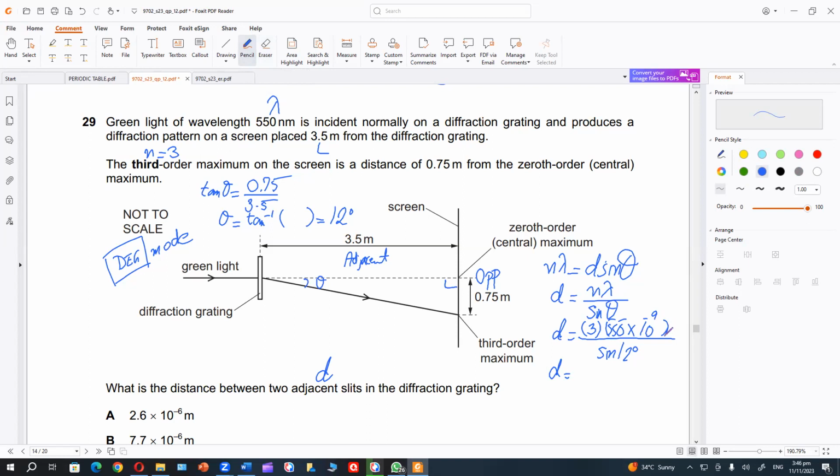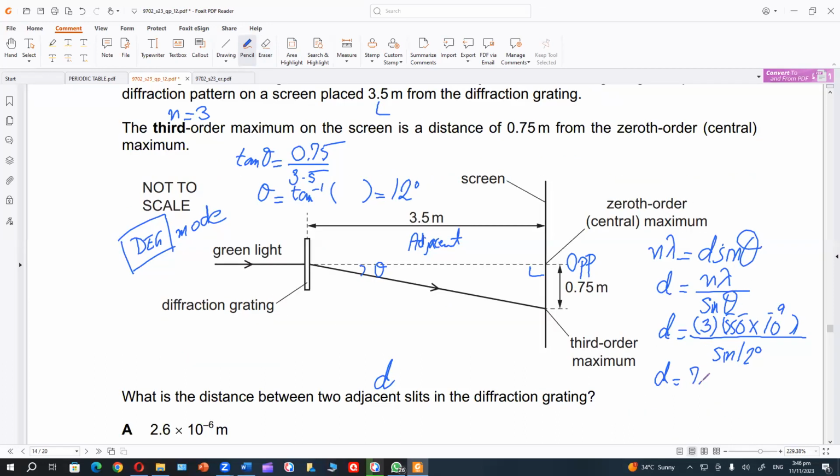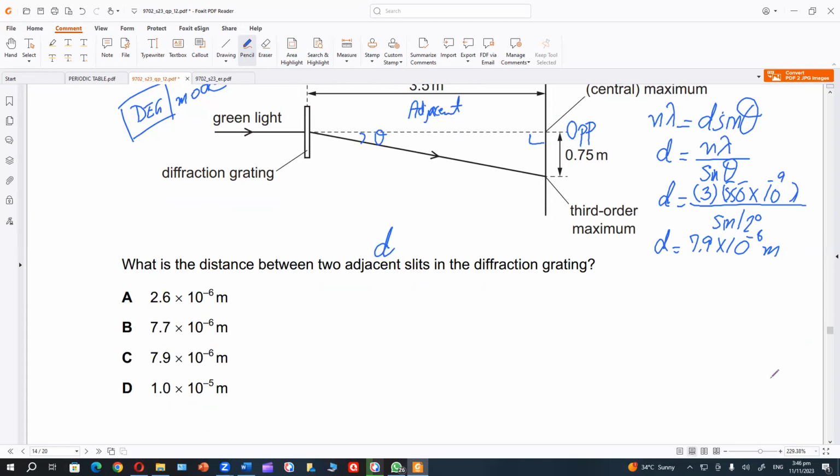This is the one. Now you have to solve it. 7.9 times 10 to the power minus 6. We are getting this answer as C.